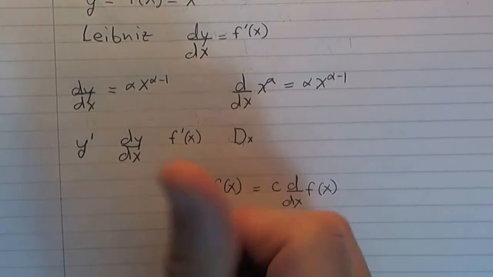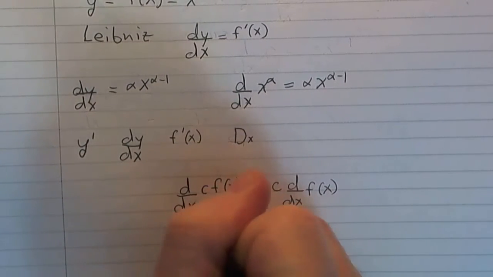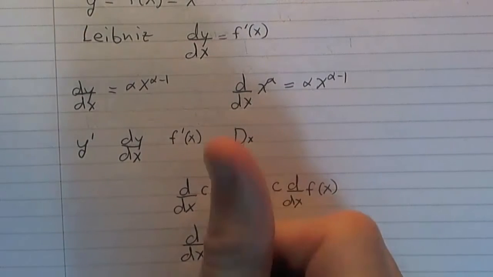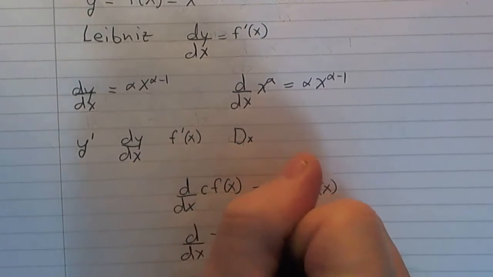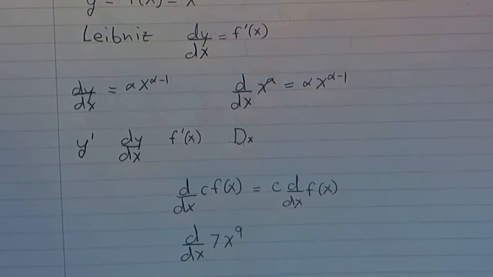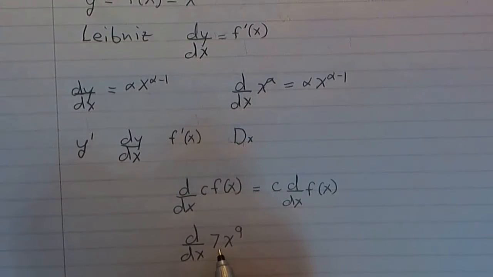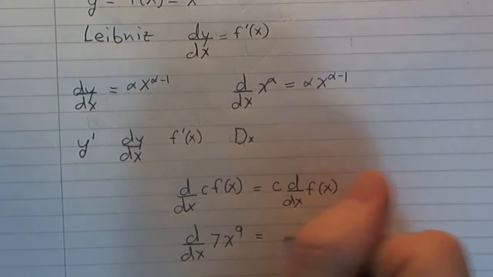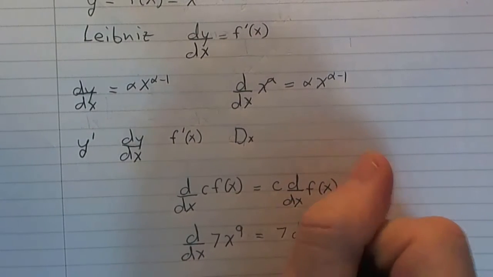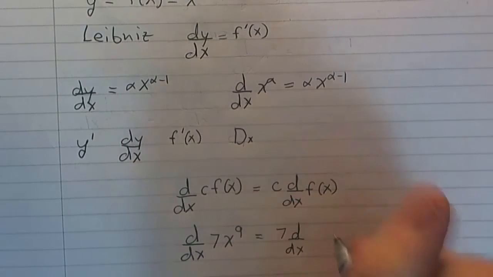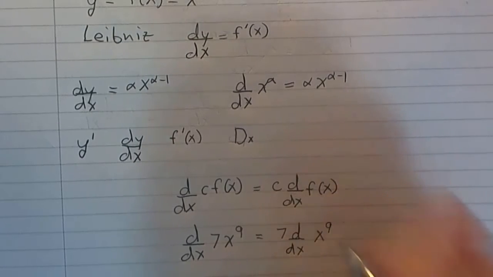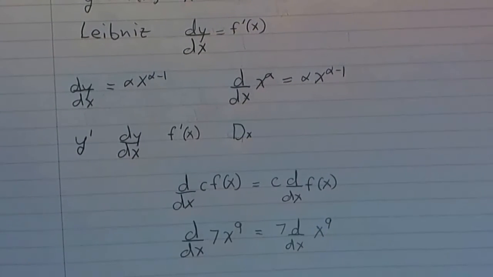So, for example, let's suppose that you have 7x to the 9th. Now, you have this little power function here, but you have the constant in front. Well, what I'm saying is you could factor out that 7 and set it off to the side and then go ahead and work your problem here.